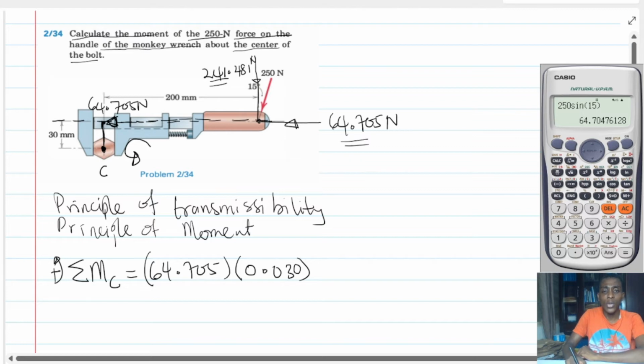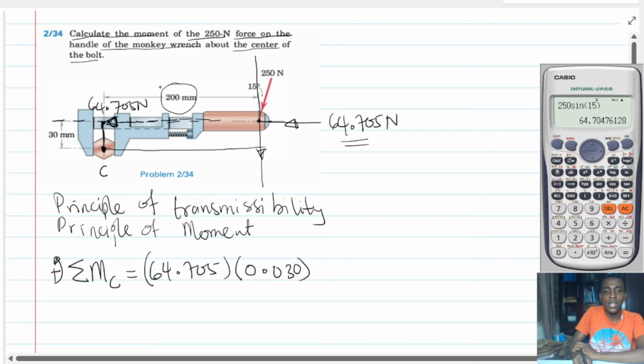And then for the 241.481, the line of action is in this direction. The line of action of the vertical force is always in this direction. Therefore, I just need a distance from the center all the way to meet the line of action. Now, this distance must be the 200 millimeters. But the moment that this force creates is going to turn in this direction, which is clockwise.